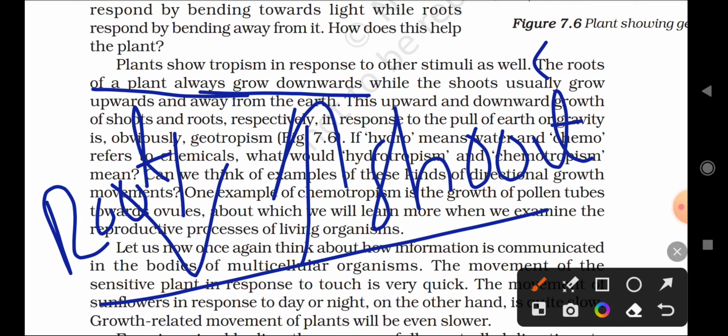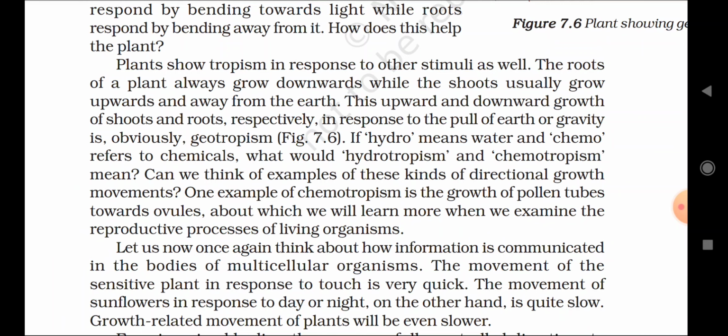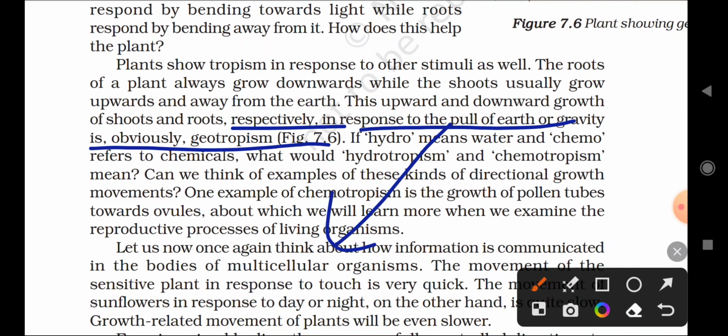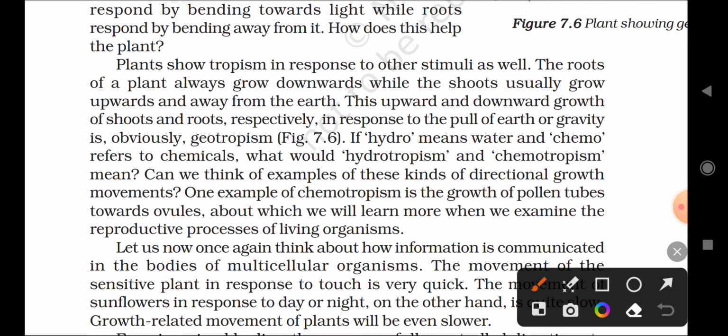Remember that very important point. Respectively, the response to the pull of the earth or gravity is geotropism.